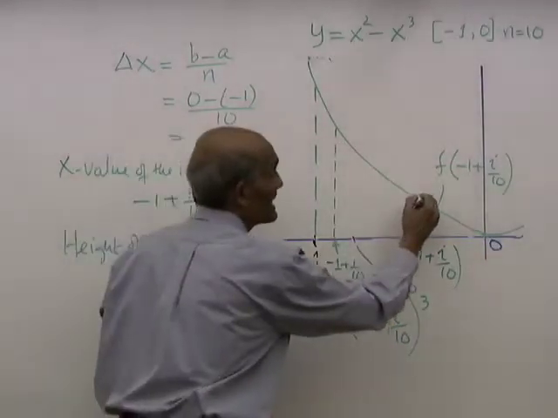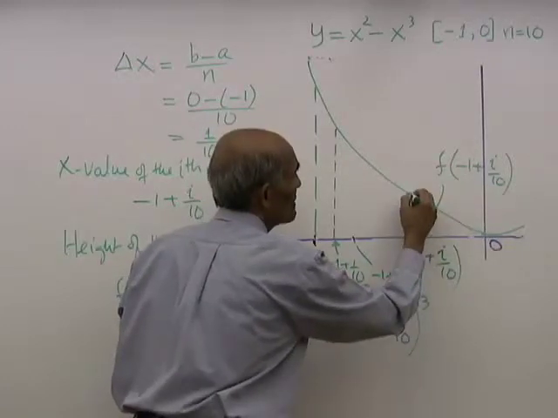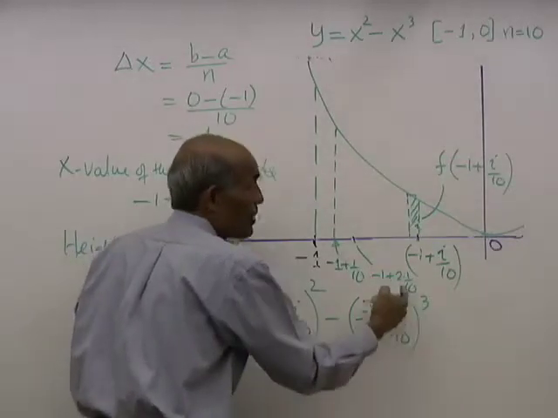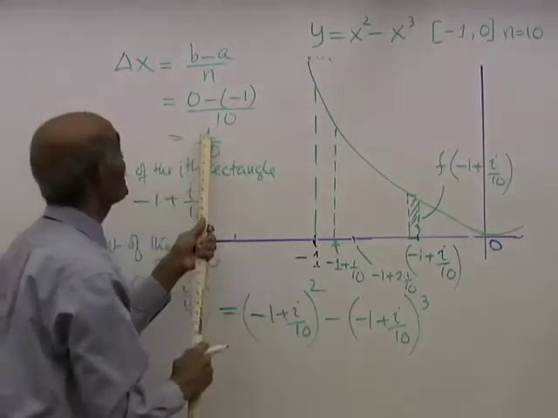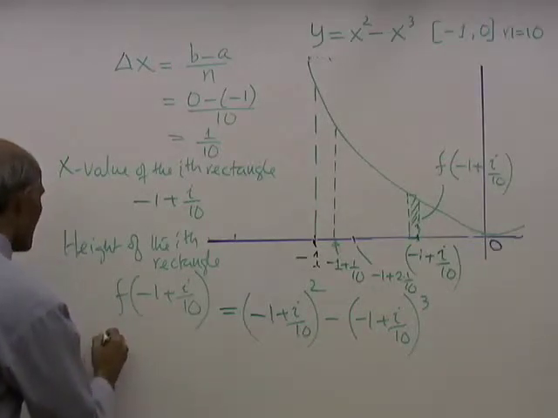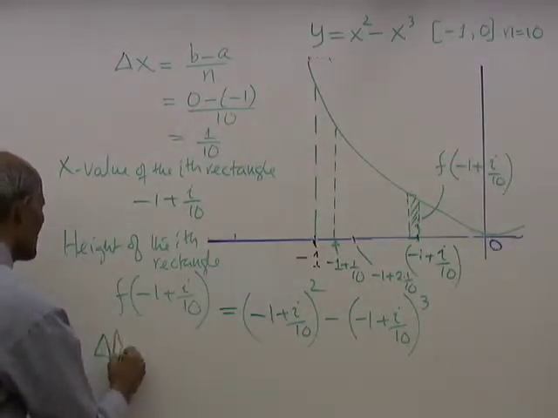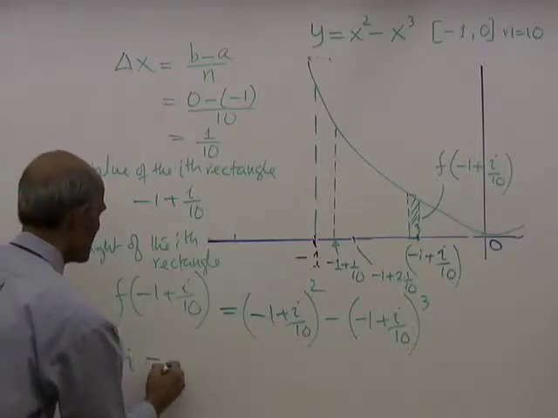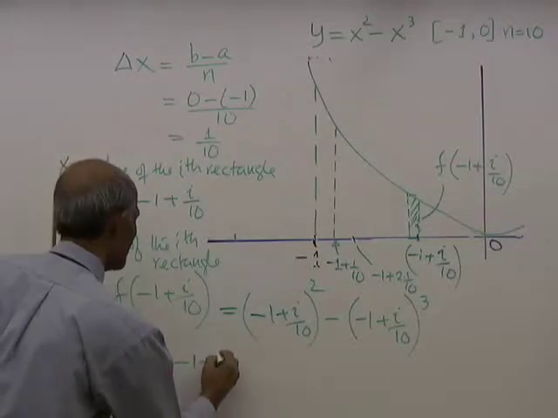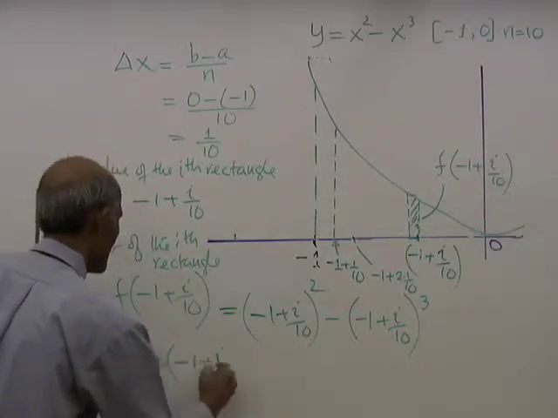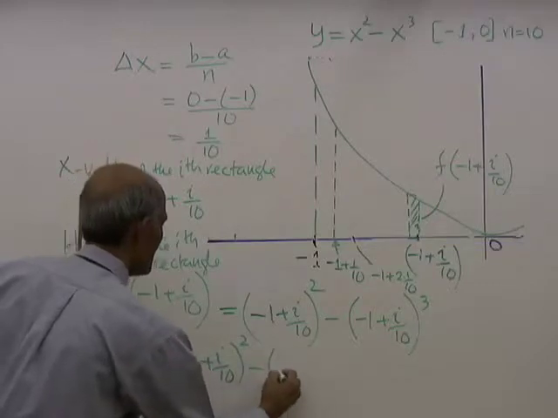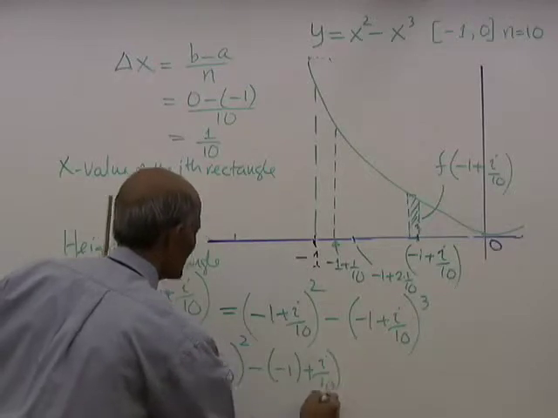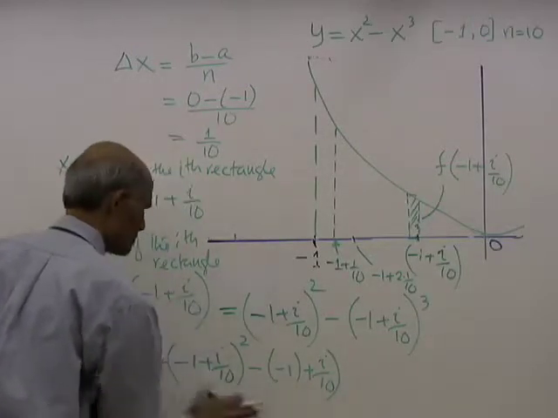And to find the area of the ith rectangle, all we need to do is multiply this quantity by delta x, which is 1/10. So I would say, therefore, delta A of the ith rectangle is (-1 plus i over 10) squared minus (-1 plus i over 10) to the power of 3.